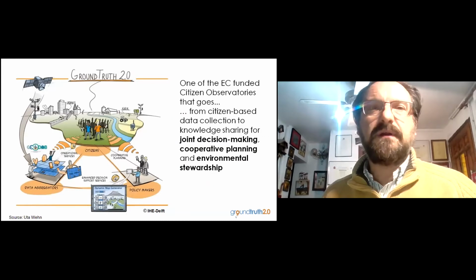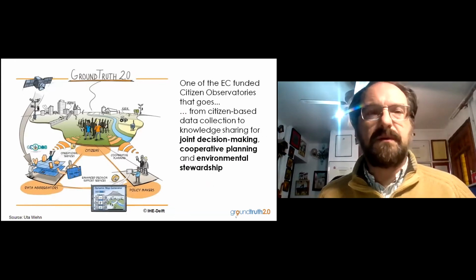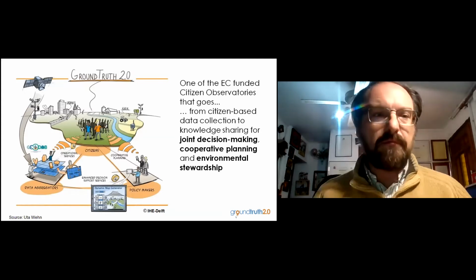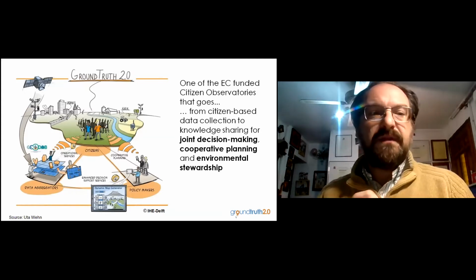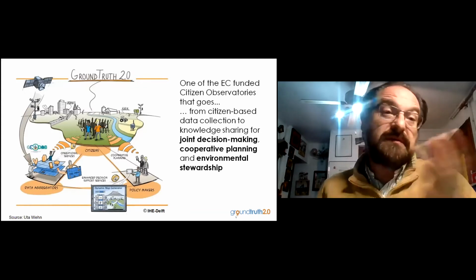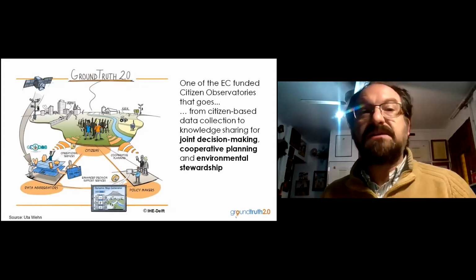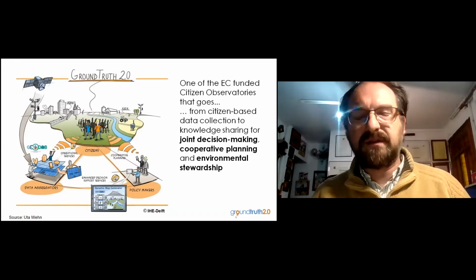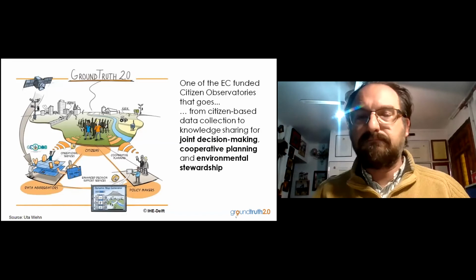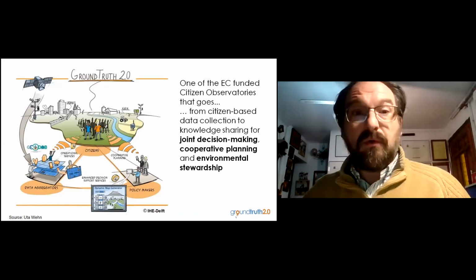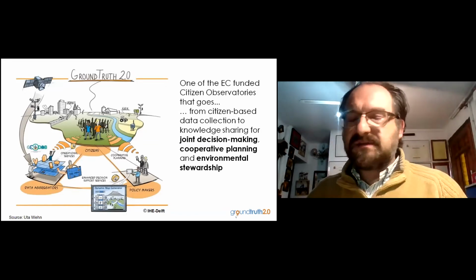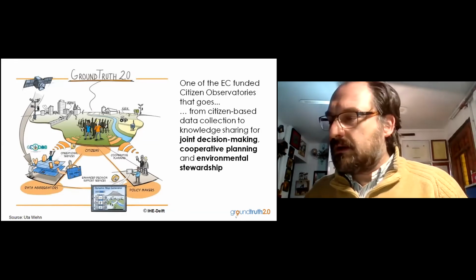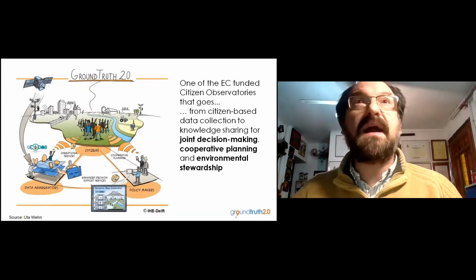Actually, the design of the ground truth to all those citizen observatories was based on this idea of the triangle that the citizens form with the data aggregators, that are actually the scientists, and the policymakers. And it's difficult to see the triangle in this infographic, but you will perceive that. So on one hand, there is this, as Margaret put it very well, impulse of making an app.